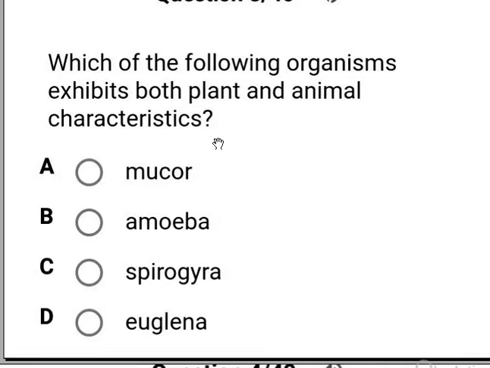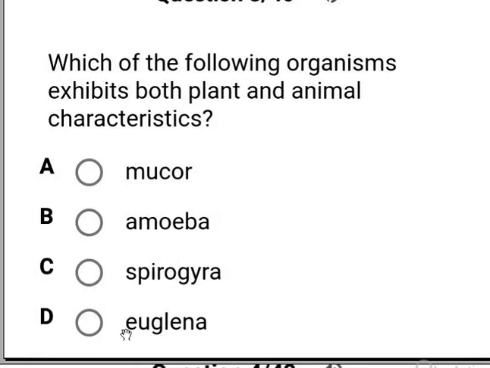Because we all know that Euglena is an organism that exhibits both plant and animal characteristics due to the presence of pellicle for flexibility, the presence of flagella for movement, and also the presence of eye spot for photosynthesis. That's why it exhibits both plant and animal characteristics. So the correct option here is option D.